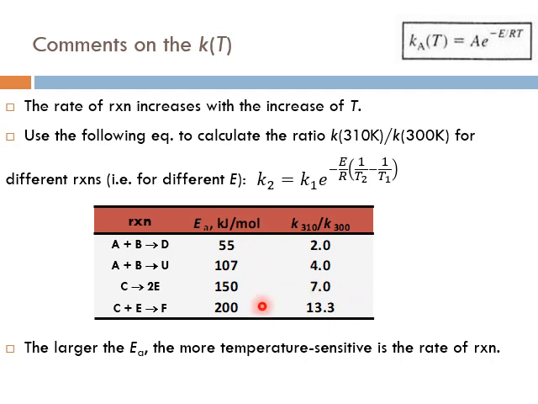That means that reactions with higher activation energies are more sensitive to temperature. In all the cases here, I'm increasing the temperature from 300 to 310. But for this reaction, which has the highest value of activation energy, the value of K increases by more than 13 times for the given increase in temperature.